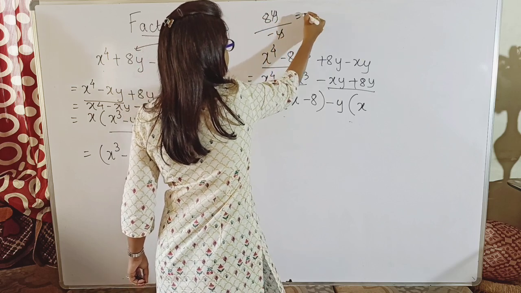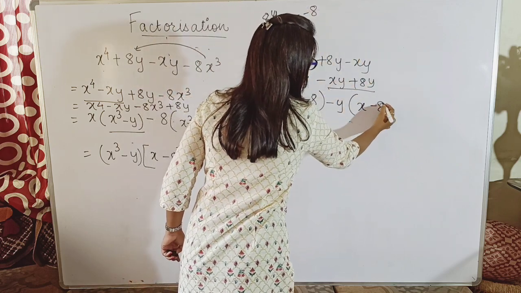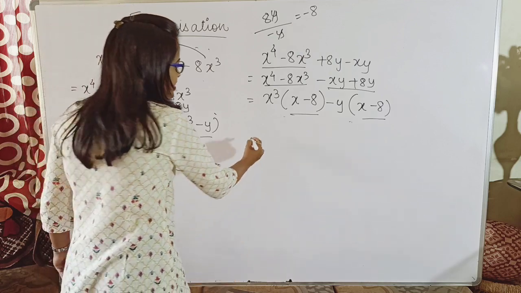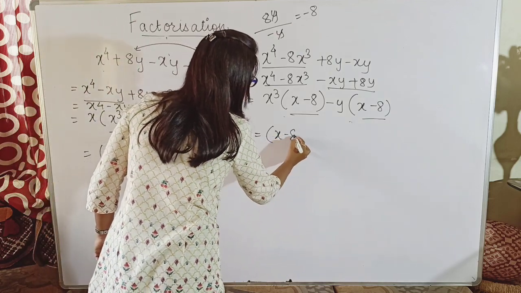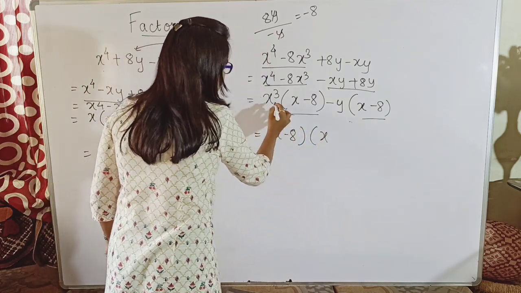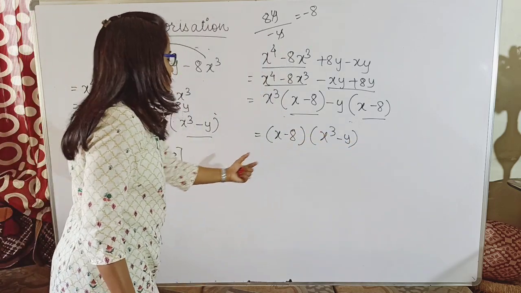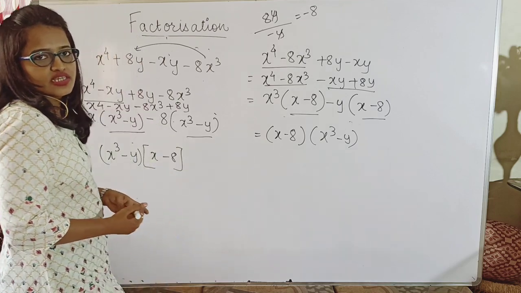What is remaining? It gives me minus 8. So as you can see, you have got the brackets also the same. Let us take that bracket common. So what are you getting? x cube minus y. As you can see, the answer is the same in both cases.